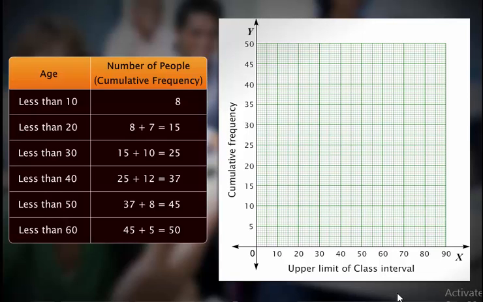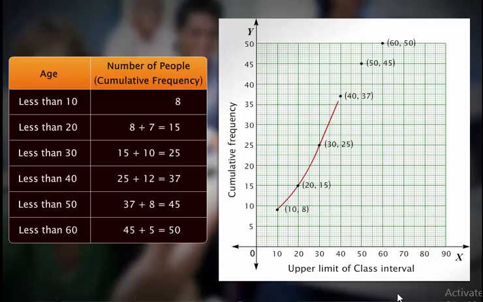Now we plot the coordinate points, where the x-coordinate is the upper limit of the class interval and the y-coordinate is the cumulative frequency. The points are (10, 8), (20, 15), (30, 25), (40, 37), (50, 45), and (60, 50).